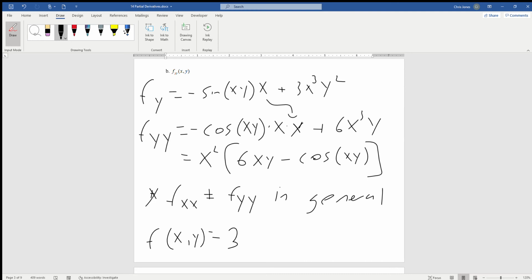Well, that just makes sense. If we had the plane z equals 3, then the slope is going to be 0 in both directions, and then the rate of change of the slope, or the acceleration, would be 0 as well. So there are times where fxx is equal to fyy, but they're very trivial cases generally.